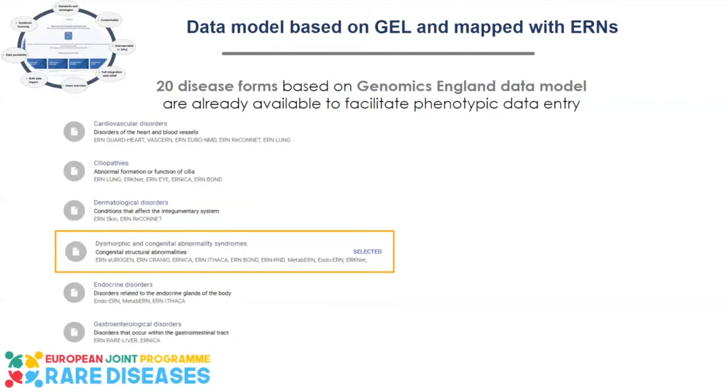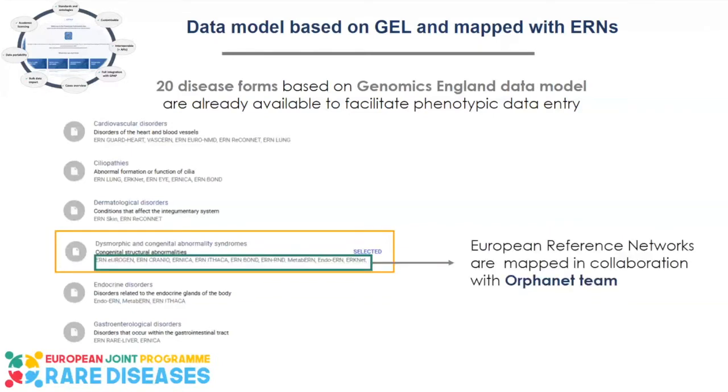Also, to facilitate the entering of the information in our system for the user, we provide disease forms. We currently have 20 disease forms that are based on the Genomics England data model. And the different European reference networks are mapped to these different disorders. This was done in collaboration with the Orphanet team in France.